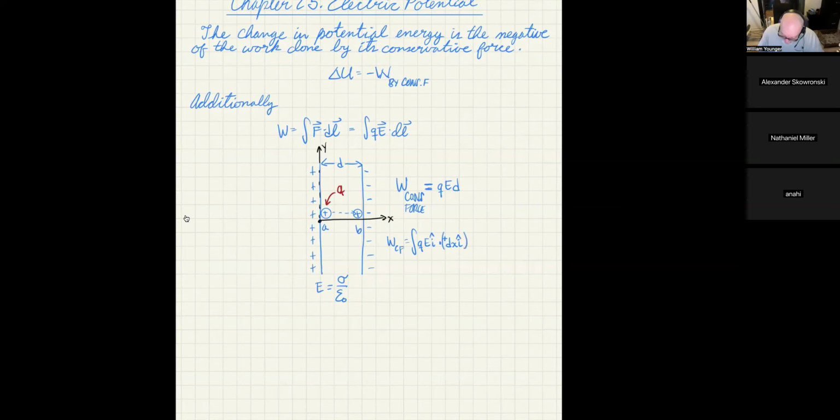And then by doing that, I also have to make my integration limits go from small variable to large variable. So the small variable is x equals 0, and the large variable is x equals d. So it's going to be an integral from 0 to d of QE dx I hat, and of course there's a dot product.